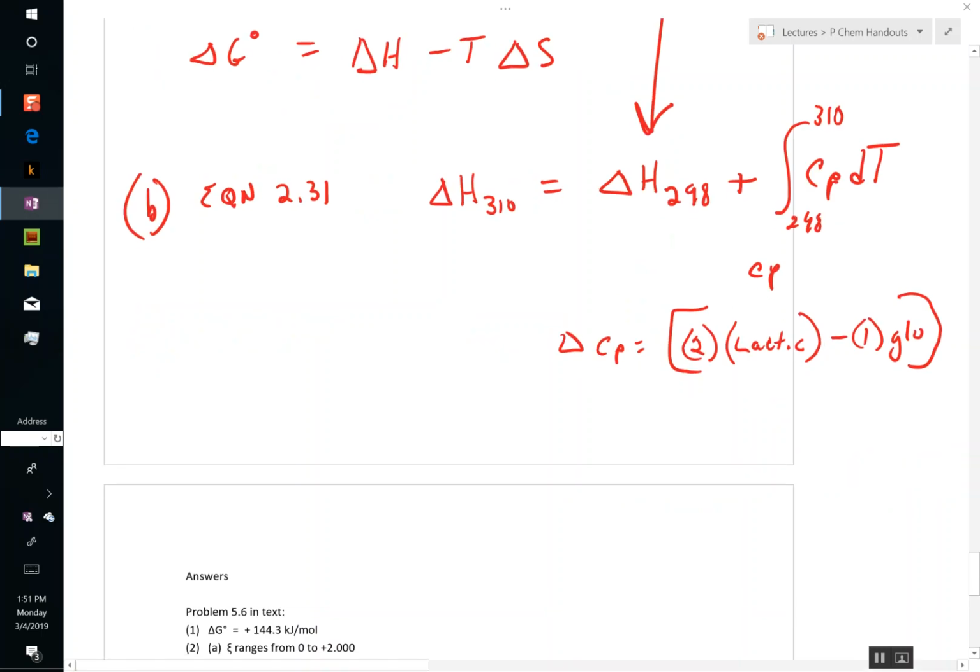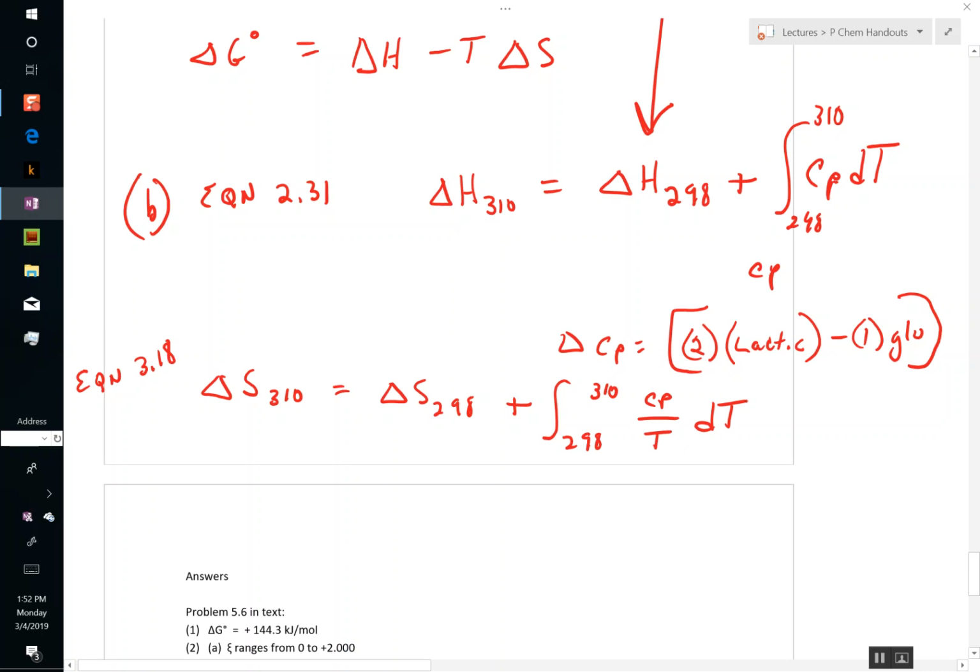And then for the delta S at 310, look at equation 3.18. It looks something like this: CP over T dT.